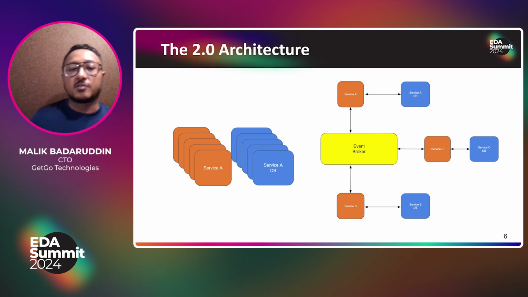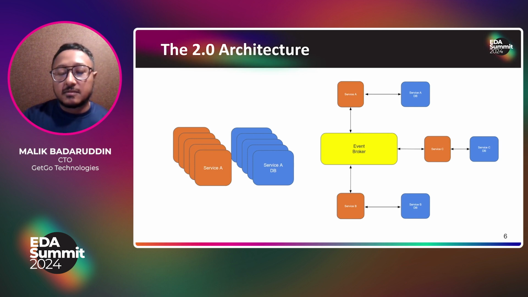We broke up all our services into their own separate domains, and each of these domains is connected to a database. What lies in between all of these services is an event broker. Of course, we discovered multiple solutions, and we came down to Solace as the solution.